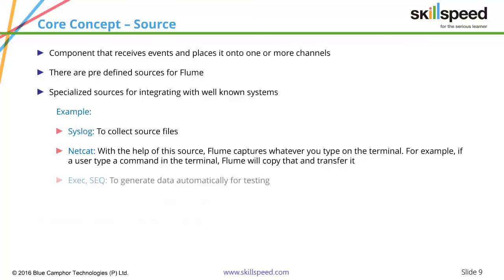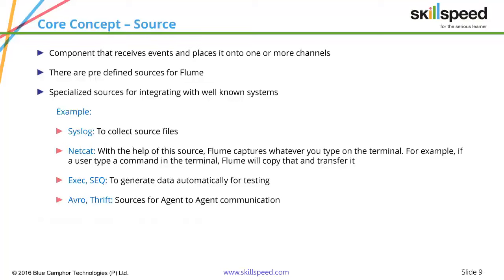You also have exec and seq. Now seq is a sequence generator, so this will automatically generate data for sequence generation, and exec is also a type of self-generating source. We also have Avro and Thrift, which are basically used for agent-to-agent communication.